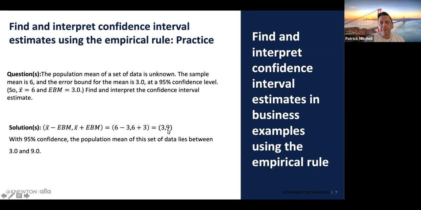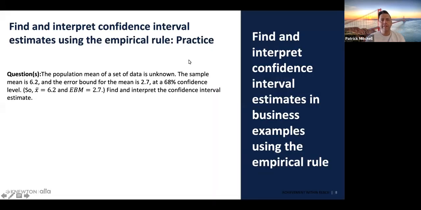So it's the interval from 3 to 9. This is interval notation, so it's all real numbers between 3 and 9. So the interpretation is, with 95% confidence, the population mean of this set of data lies between 3.0 and 9.0.